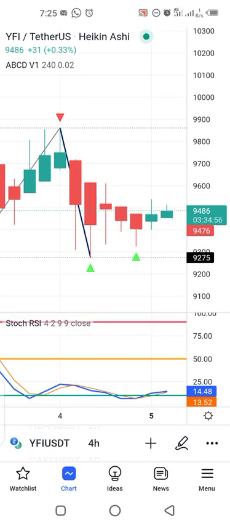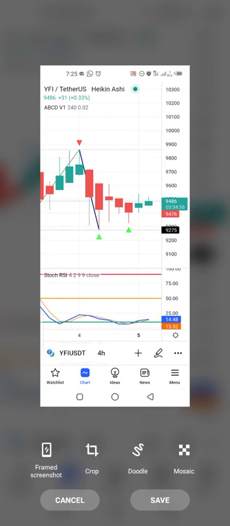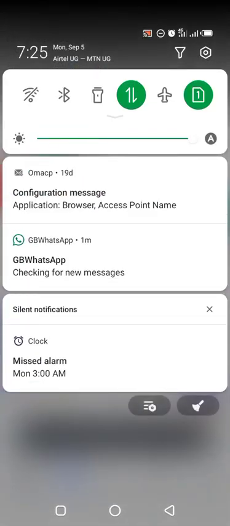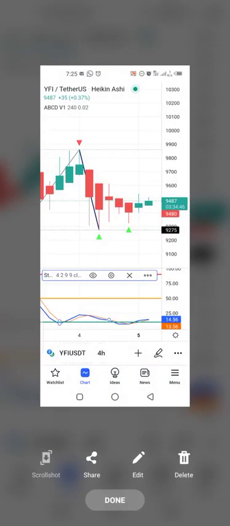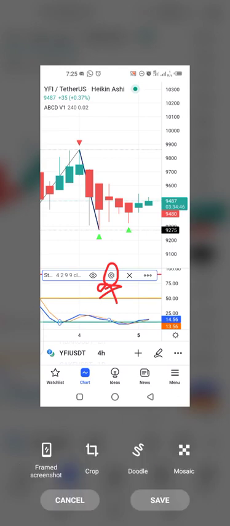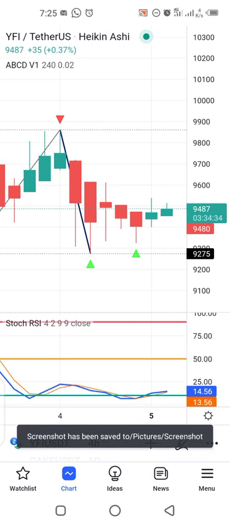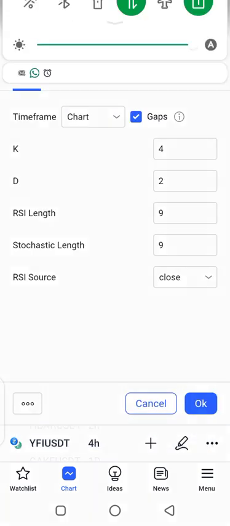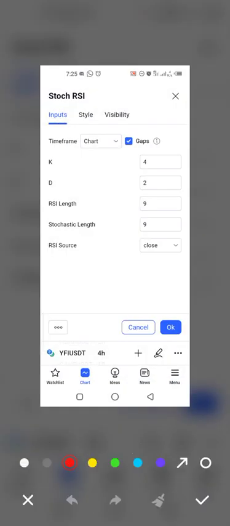When you tap on the name, you can see there is something like a wheel. That's where we tap, which is basically here. We tap there, and we go to set up our indicator. The first part of setting up our indicator is to look at these basics.